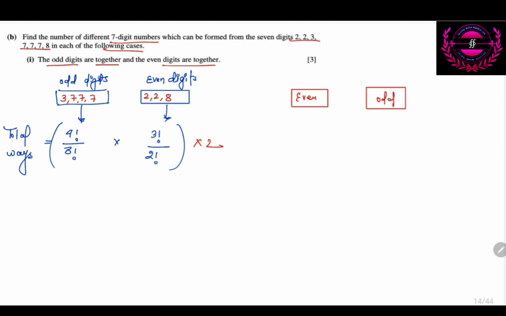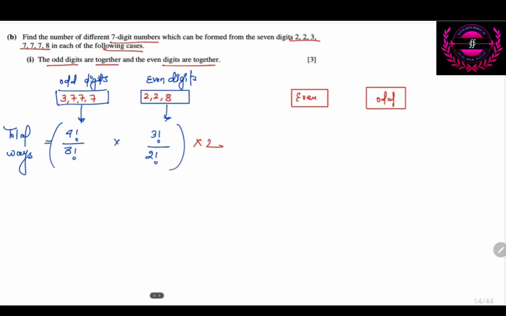Let's move to the next question. In this part, they're asking that twos are not together. So we had the numbers 3, 7, 7, 7, and then 2, 2, and 8.